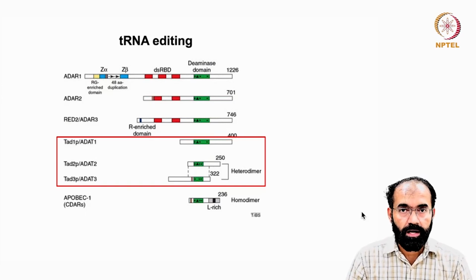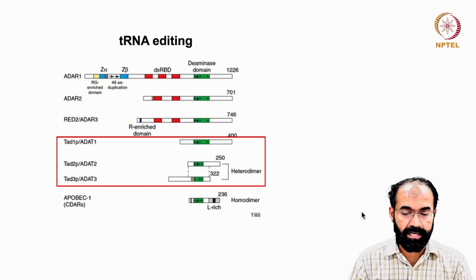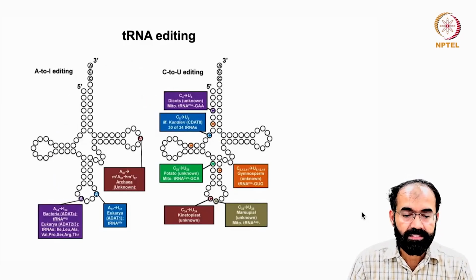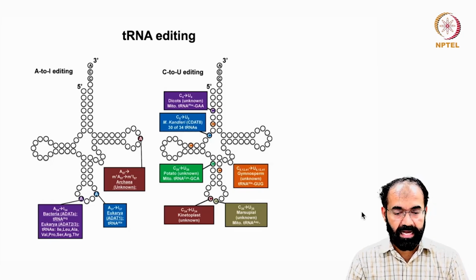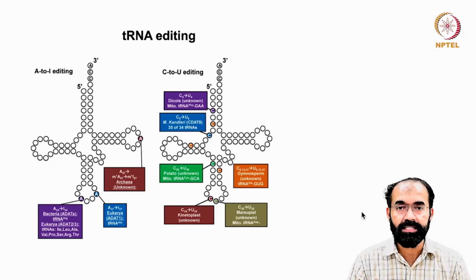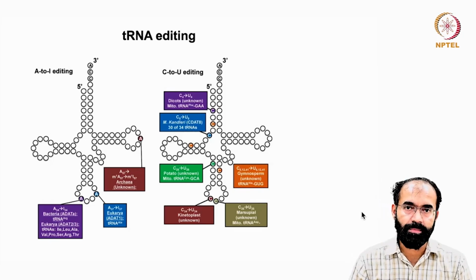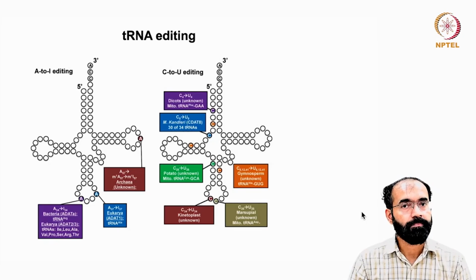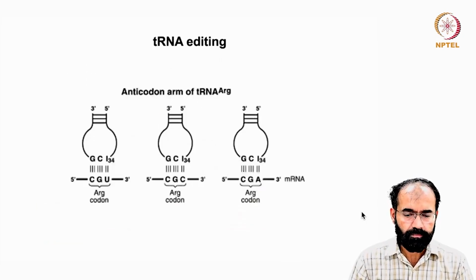We are now going to see in more detail about tRNA editing, which we looked at in the previous class. That is, specific locations in the tRNA need to be edited for the purpose of enzyme identification and also for the stability of the tRNA molecule.